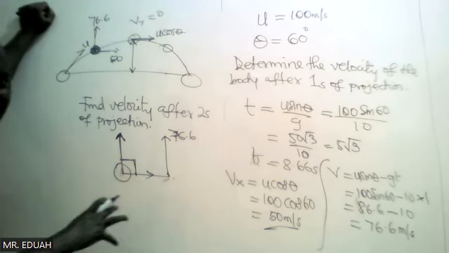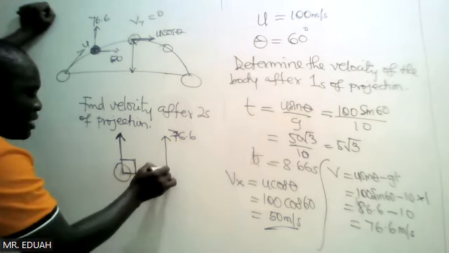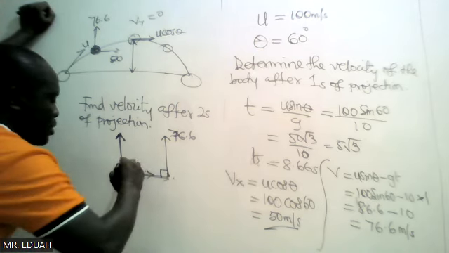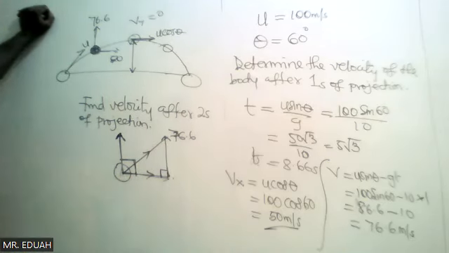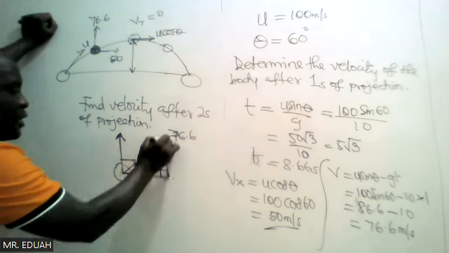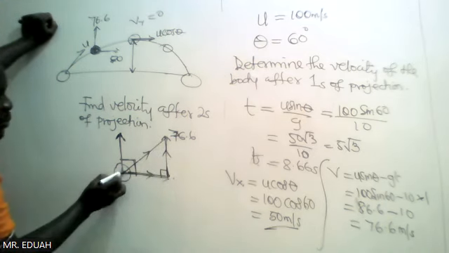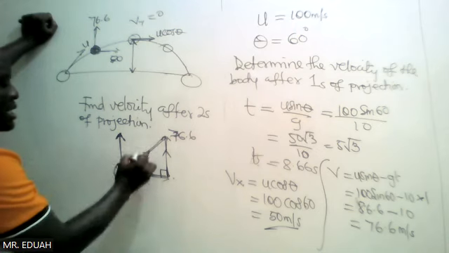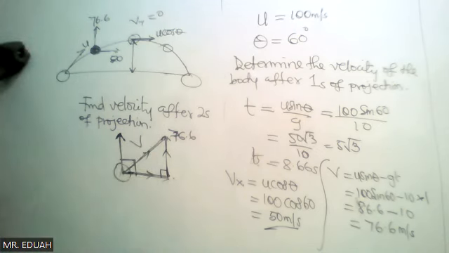Because they are perpendicular, the resultant will be this. So this forms a right angle triangle. If this is going here and this going there, then the shortest possible distance will be this. This will become the resultant vector or velocity.